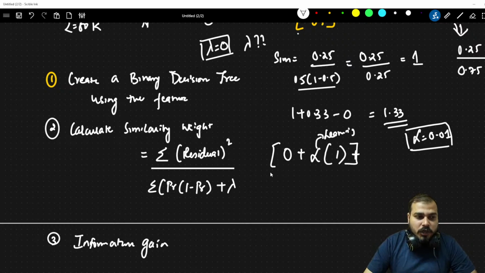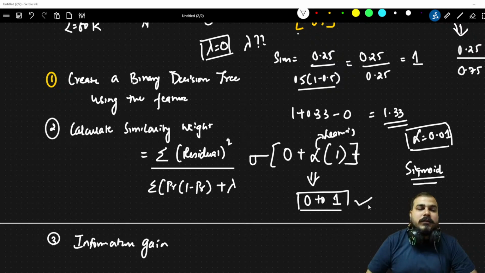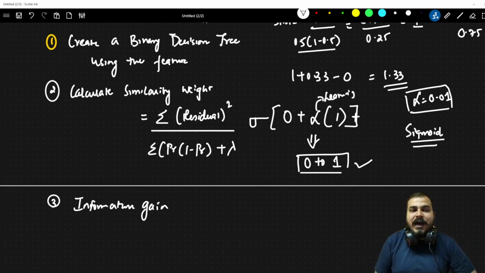On top of this, we apply an activation function called sigmoid, since this is a classification problem. I hope you know the use of sigmoid. Based on the alpha value, the output will be between 0 and 1. I hope you are getting it, guys. This is how the entire inferencing will happen.